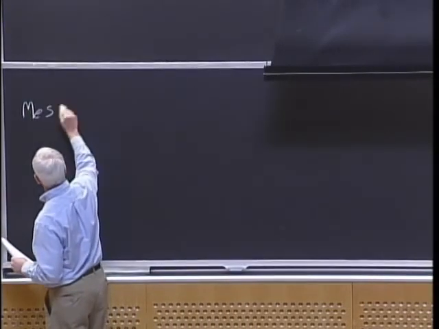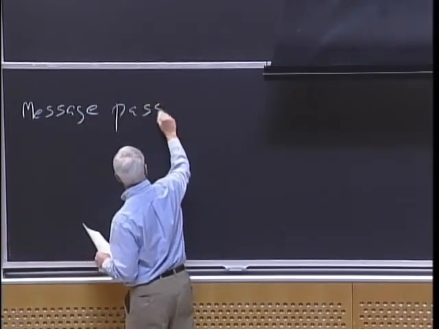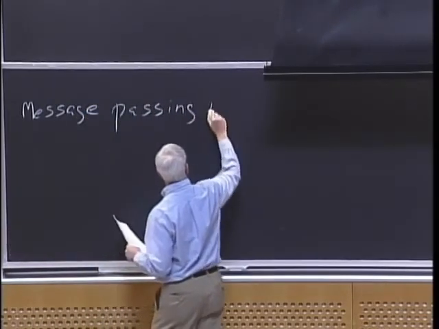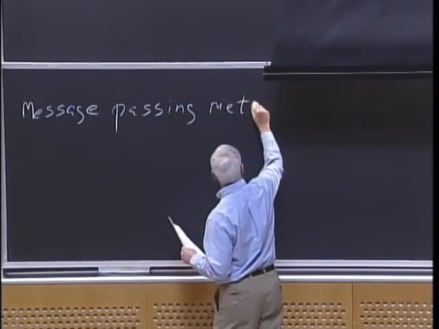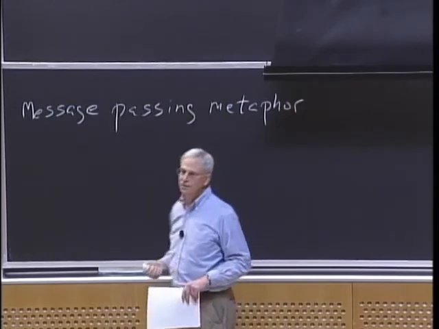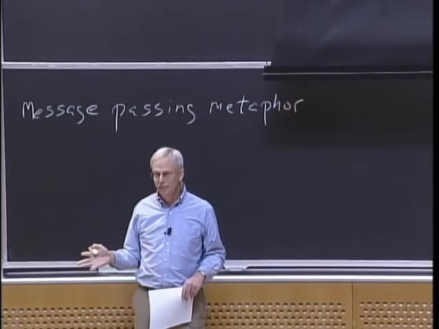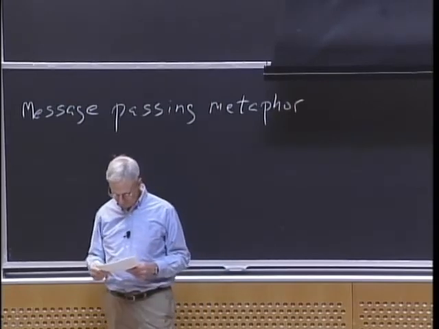And I want to emphasize it's nothing more than a metaphor. I almost hesitate to bring it up because it makes it all sound more complicated than it is, but you will see this phrase in the literature. People will use it, so you need to know what it is.